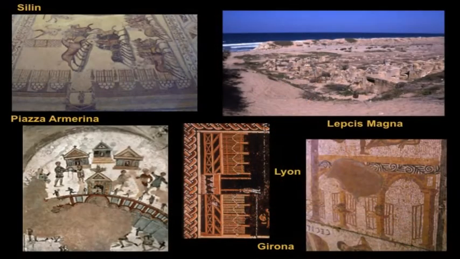Structural evidence from surviving circuses shows that the starting gates were usually placed on an angled curve to ensure that each chariot began at the same distance from the near turning post, effectively a stagger. And this is only reflected, in fact, on one mosaic, the Piazza Armerina, down there in the left-hand corner.